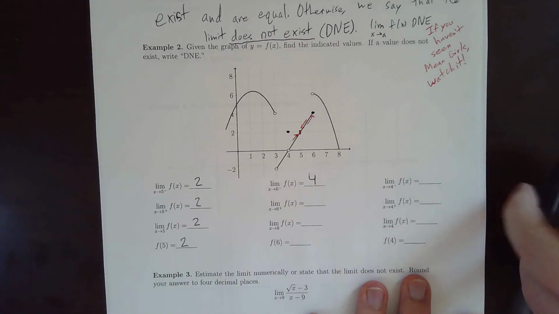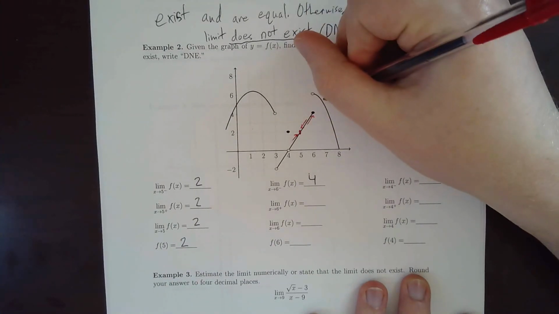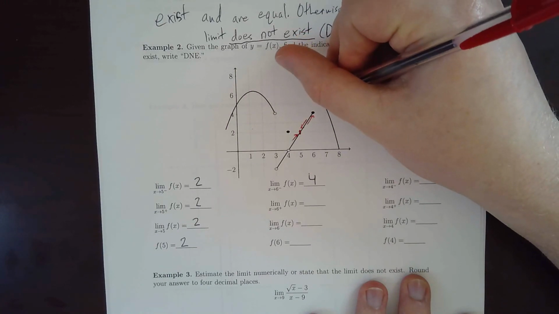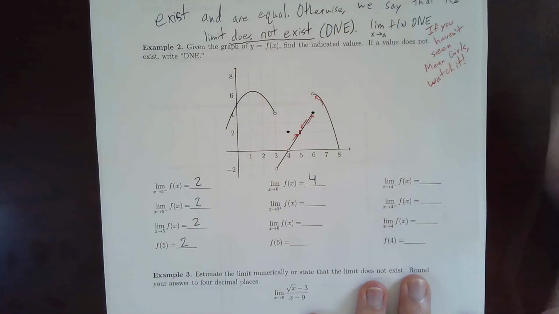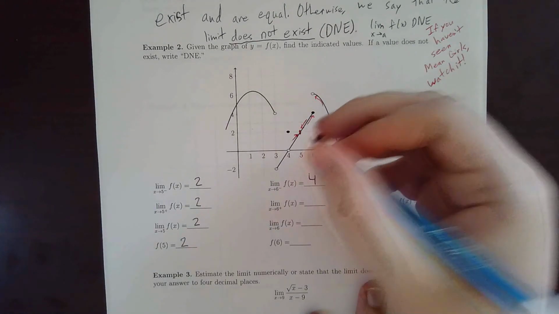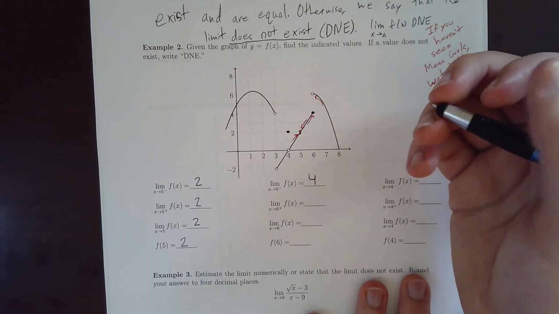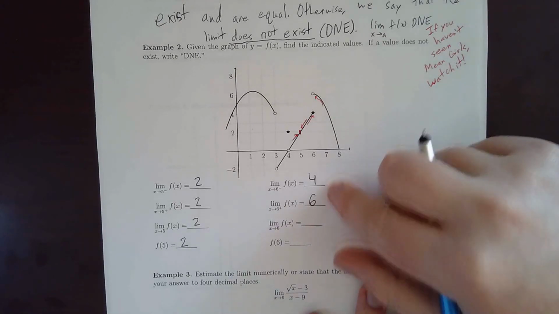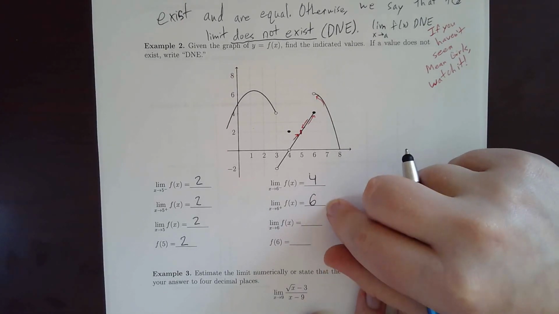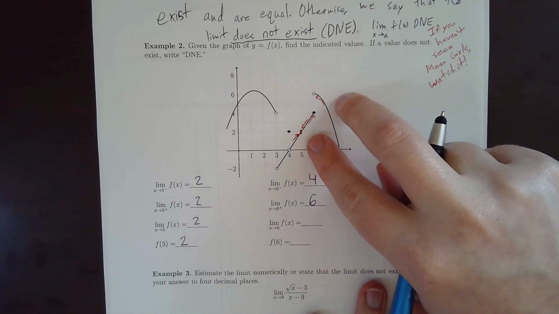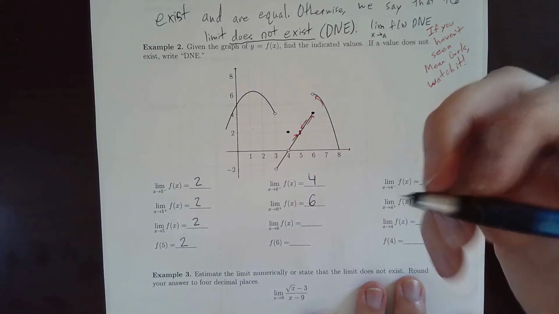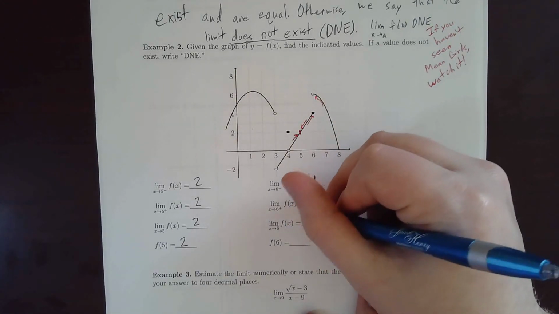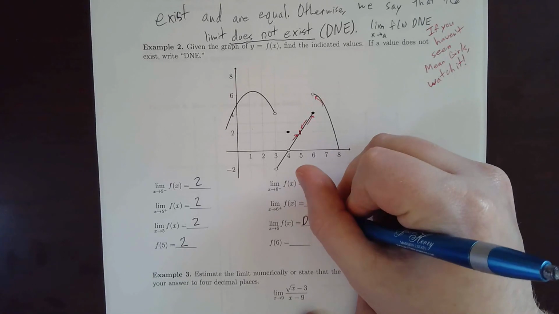But when we're on the right and we're getting towards 6, it looks like we're actually approaching 6 as our y value. So we'd say the limit as x approaches 6 from the right of f of x is 6. But now notice that the left and the right hand limits don't agree with each other. So on either side, we're going towards different y values. So we say this limit does not exist.